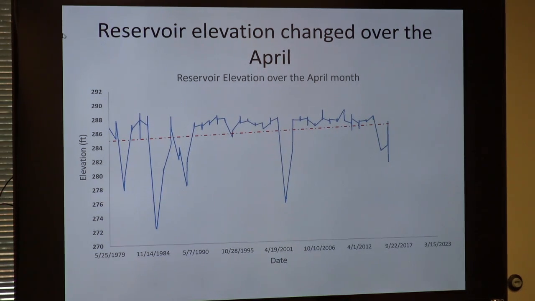So what this is showing is the reservoir from the mid 70s to current. What you can see is the reservoir has never gone down to the extreme in volume. The lowest it has gone is still above 272 feet.